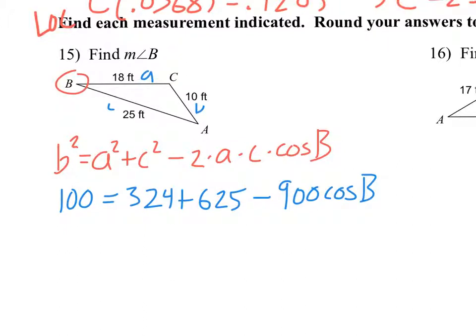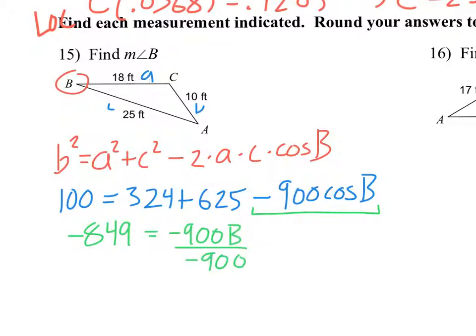Just as a reminder, we've got to keep this stuff together and move the other things to the other side. So when I do that, that's going to be 100 minus 324 minus 625. We get negative 849 is equal to negative 900 cosine b.